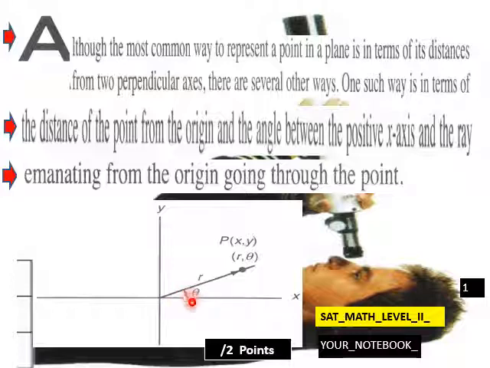You have your angle measure, and that emanates from your origin here. So you have r, theta out here, and the point would also have an xy coordinate, which is another way of depicting it.